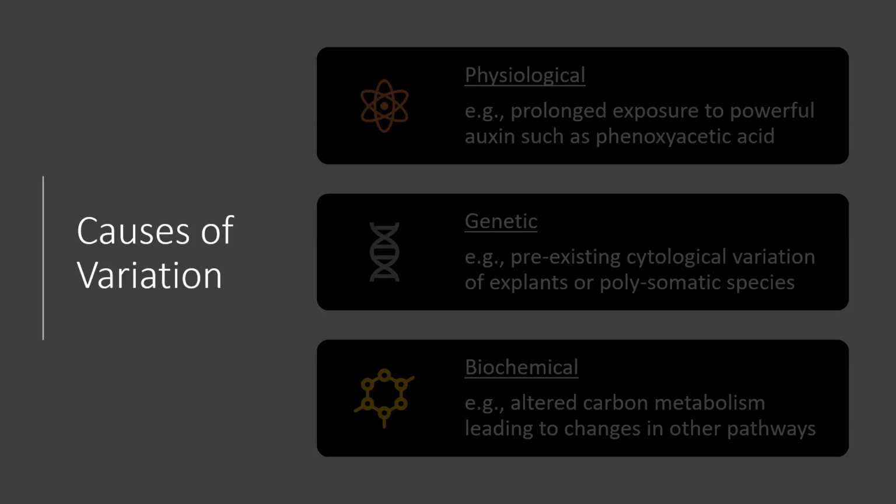The variation may also occur due to changes in organelles, DNA, enzymes, protein profile, and cytoplasmic genome. Factors that contribute to somaclonal variation are of categories which include physiological, genetic, and biochemical.